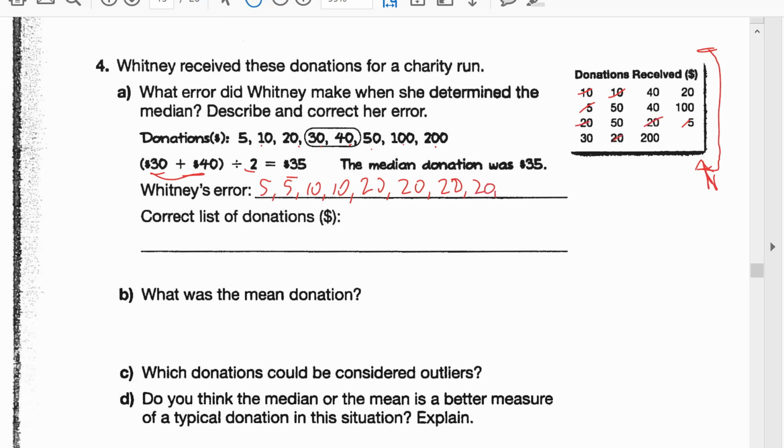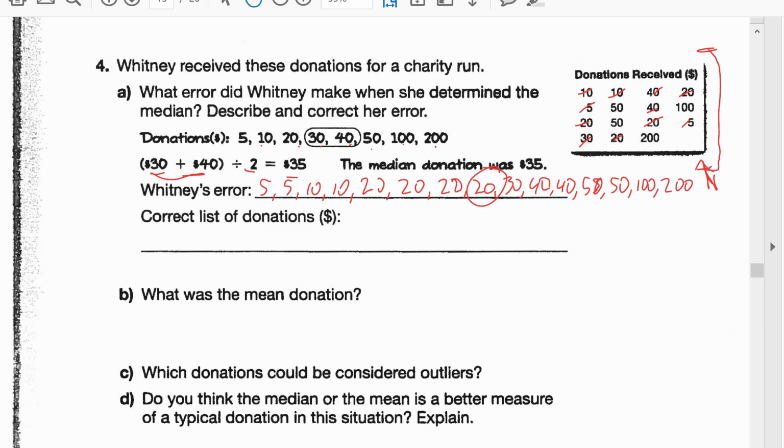Then there's a 30 and 40s. $30, 40s, 50s, 100, and a 200. So the middle would be this guy.